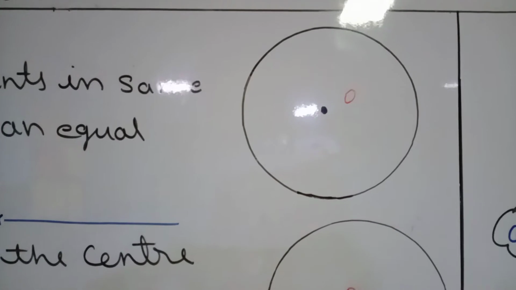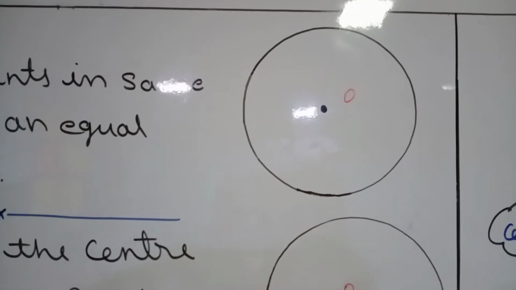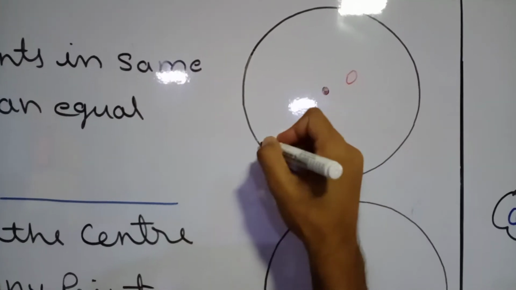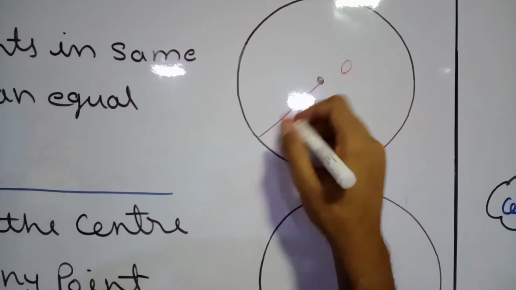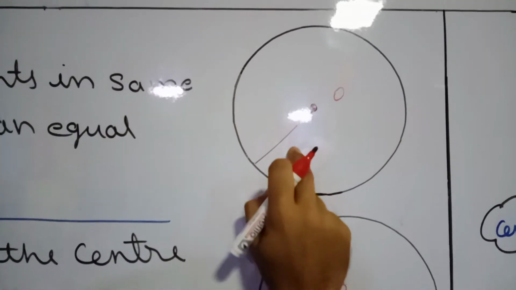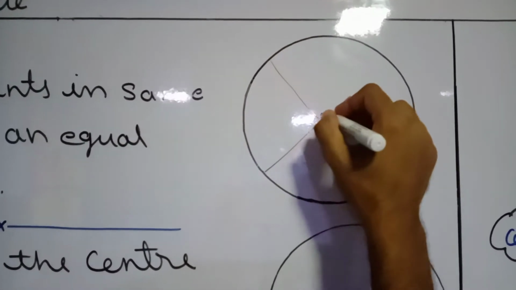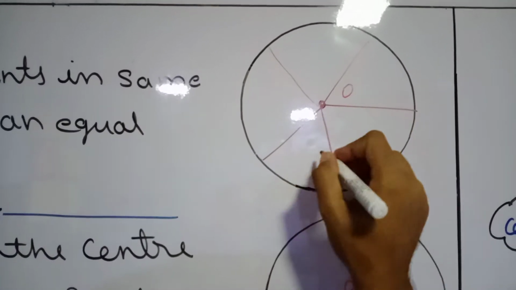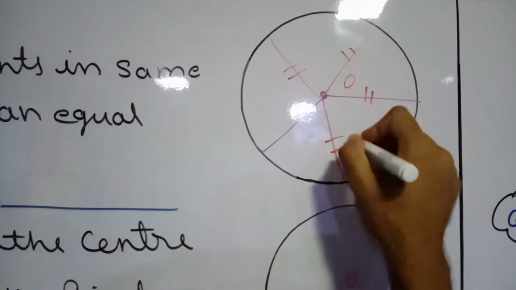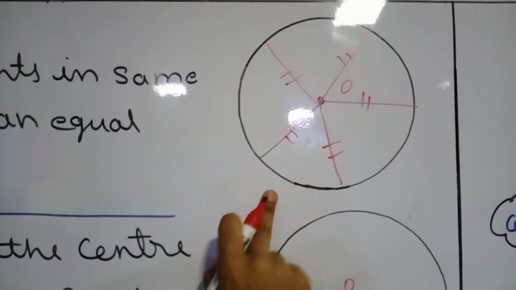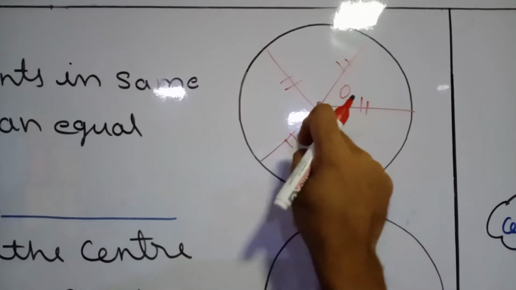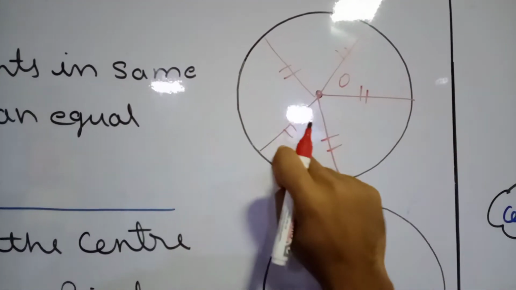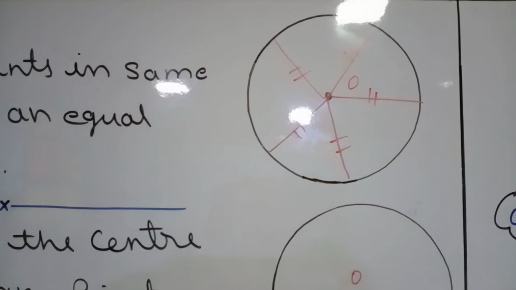The name of the center will always be given in the diagram, that is O. From this center, the distance will be equal on each and every side. Wherever we take a distance, these all have the equal distance. Because of that, if we have points at equal distance from the center, that makes a circle.